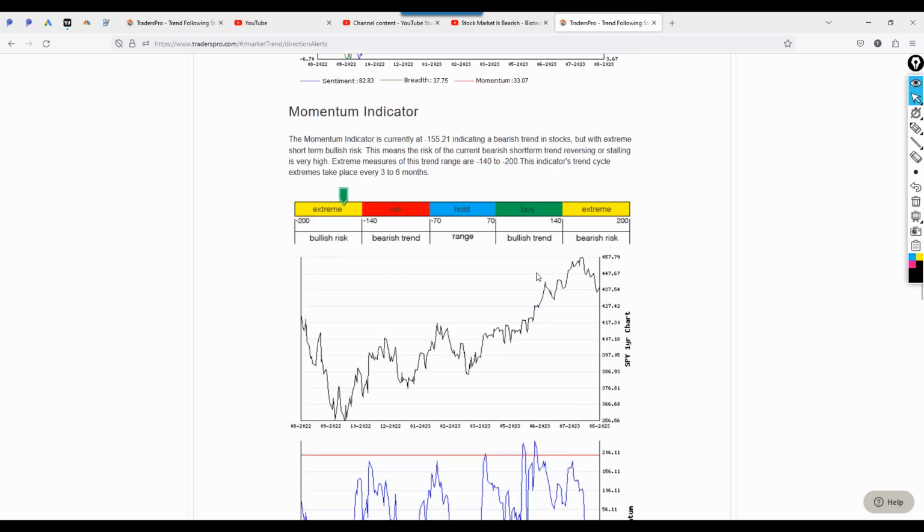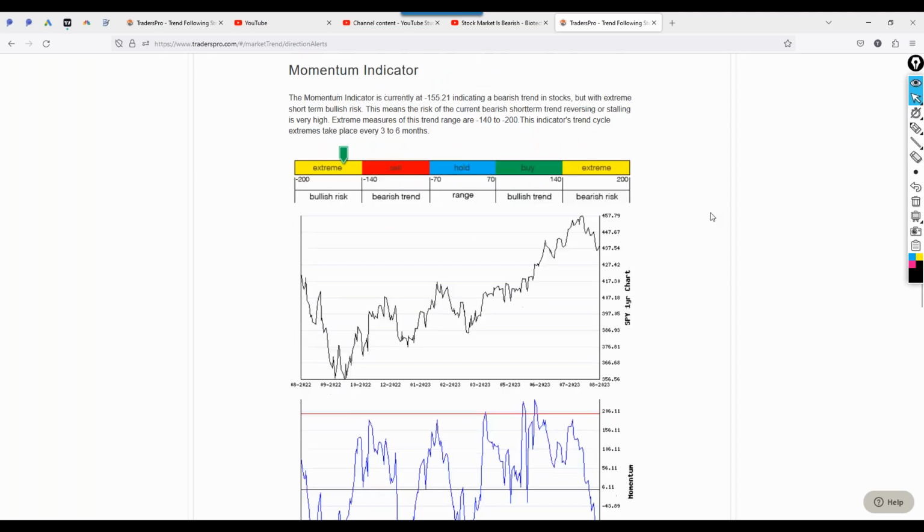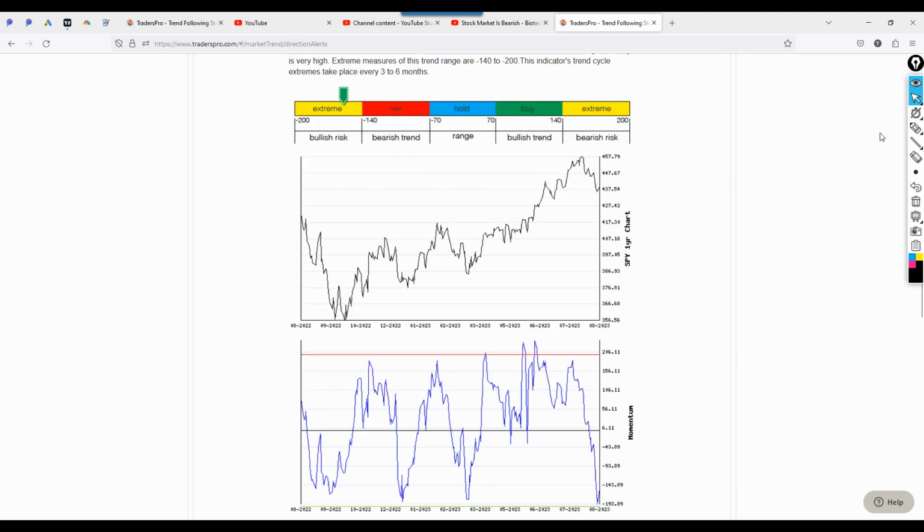I'm going to skip all the way down here to the momentum indicator, because that's really the one of most interest at this point, where we're now looking at this extreme area.